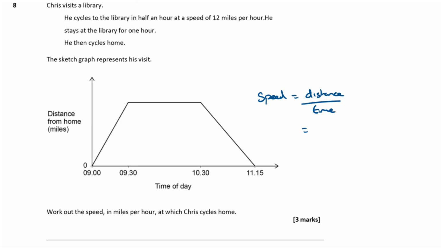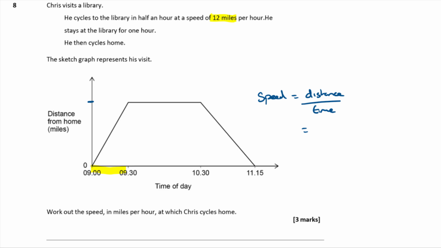Okay, what we want to know is that distance there, but it isn't marked. So it's not quite as straightforward as initially it looks, because we need to find what the distance travelled is first. But we've been given the speed of his outward journey, and we can see that his outward journey took half an hour or 30 minutes.